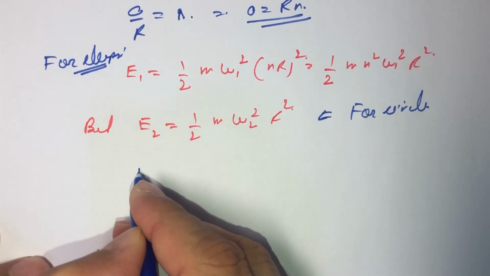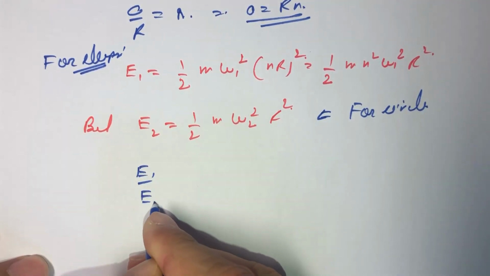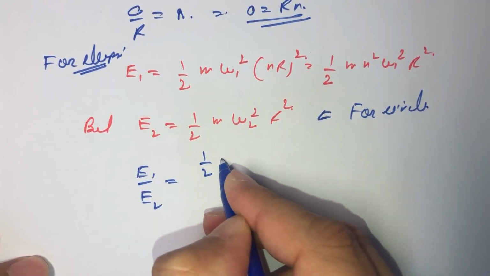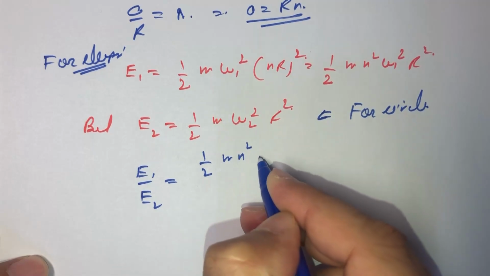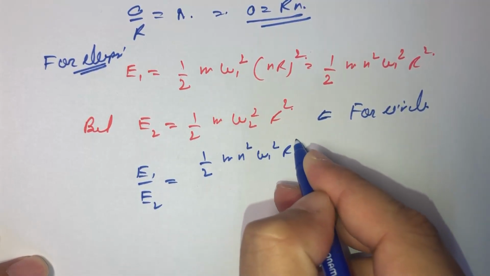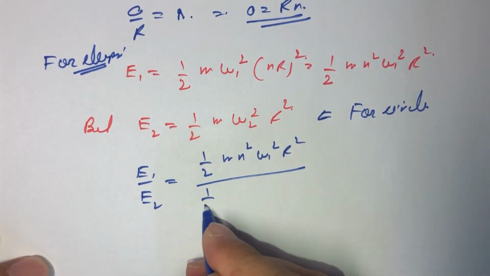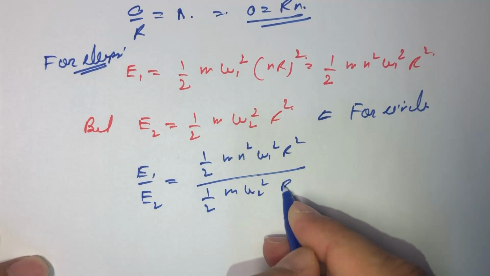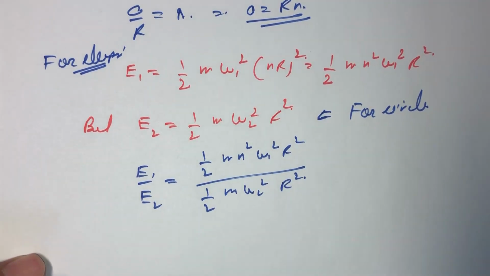Okay, so we get E1 upon E2 will be equal to half m n square omega 1 square r square divided by half m, we have omega 2 square and this is r square.